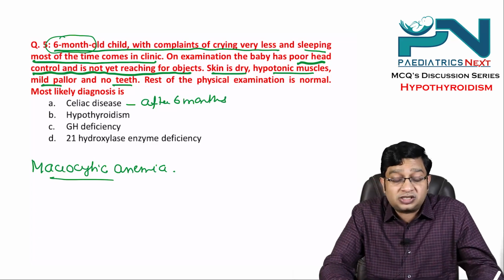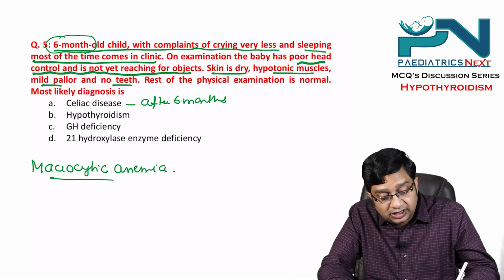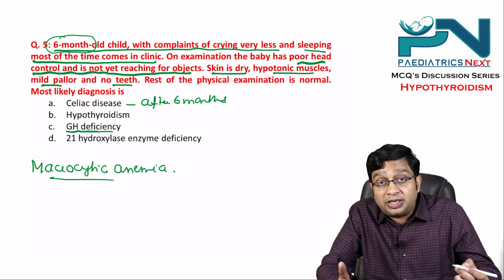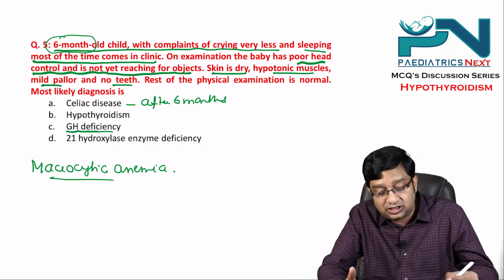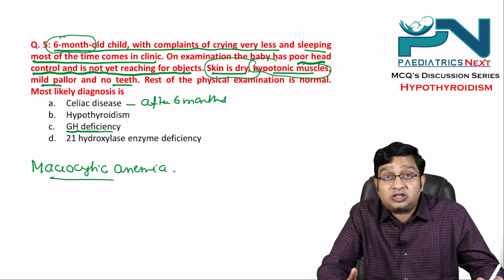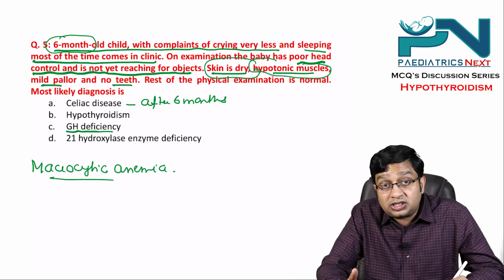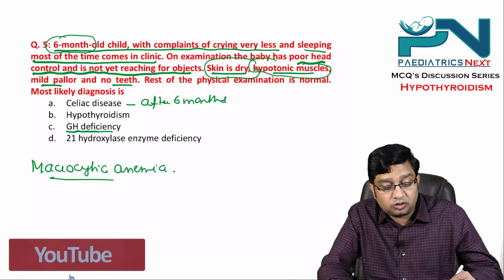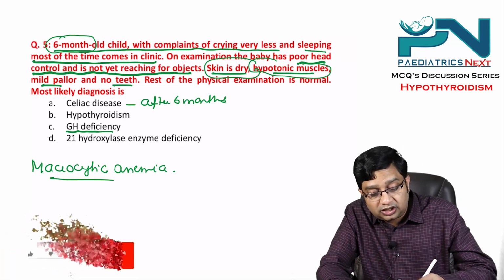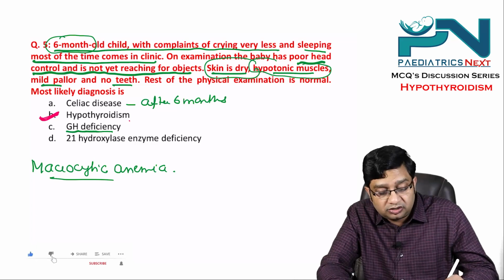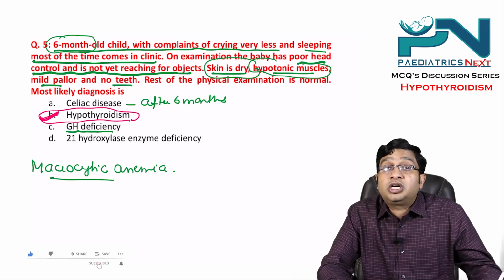Growth hormone deficiency, what you need to understand is, there might be some changes in the physical examination, and in that case, hypotonia, skin dry, that is not seen. 21 hydroxylase enzyme deficiency, if it is a salt losing form, it usually manifests at birth. So out of the answers given, the most appropriate answer is the hypothyroidism. So the right answer is the hypothyroidism.